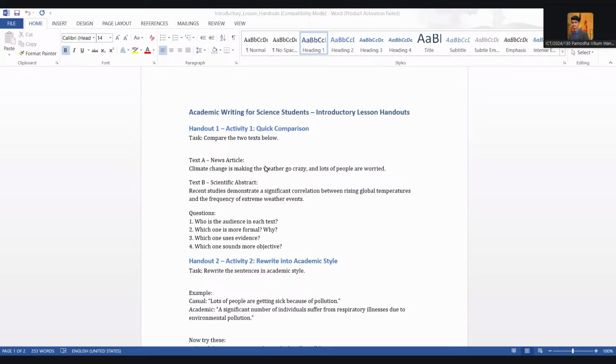When we think about news article, the audience is public people. Yeah, ordinary people. Maybe educated, less educated, right? Whatever. Task B is mostly student science, scientific material, something science.